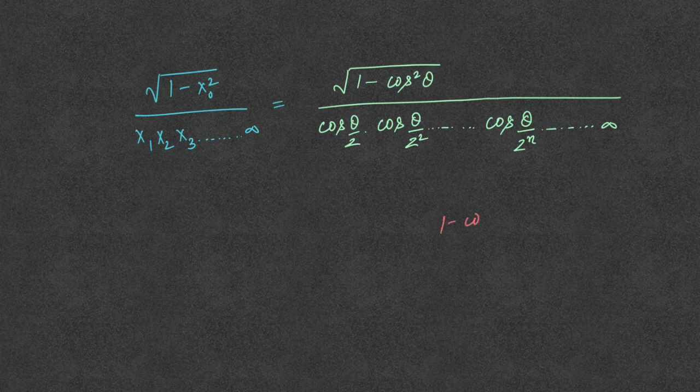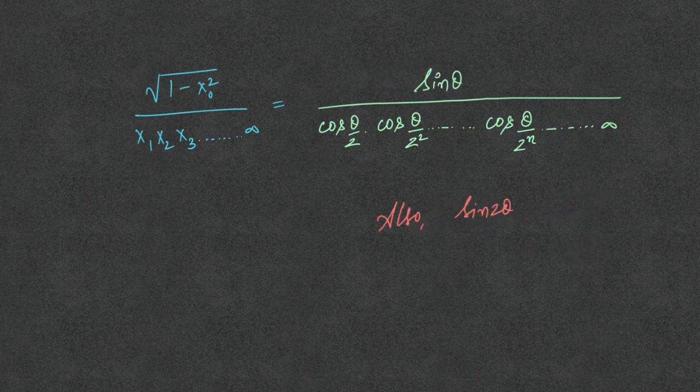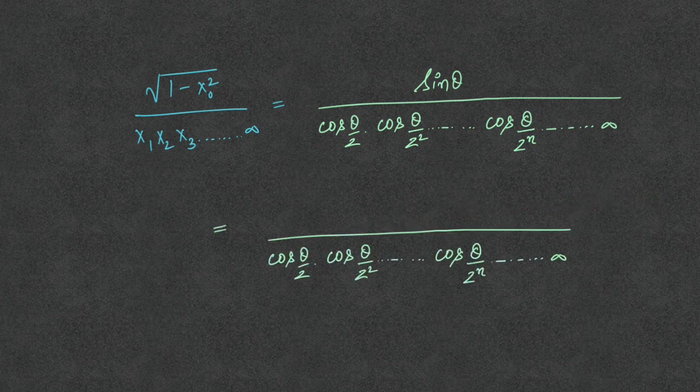Since 1 minus cos square theta is equal to sin square theta, taking under root, we get sin theta. So numerator can be written as sin theta. So we know that sin 2 theta is equal to 2 sin theta cos theta. Numerator becomes 2 sin theta by 2 cos theta by 2.